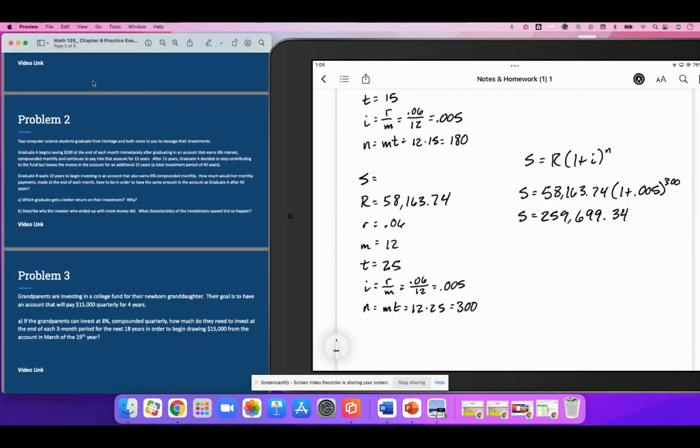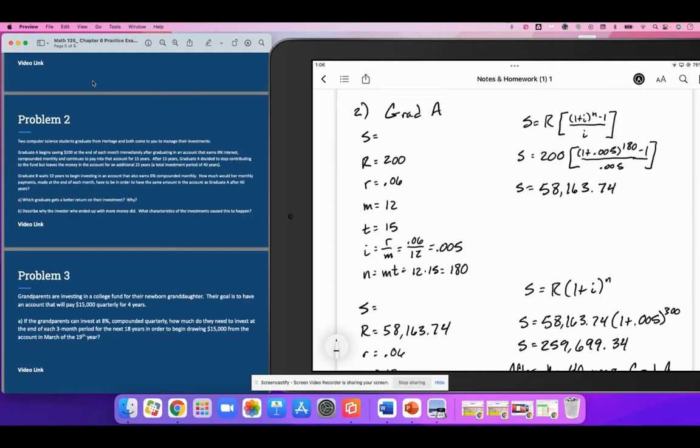And so after 40 years, grad A. Let's remember how much this person put in. They put in 200 per month. So again, 200 times 12 times 15 years, they put in $36,000.